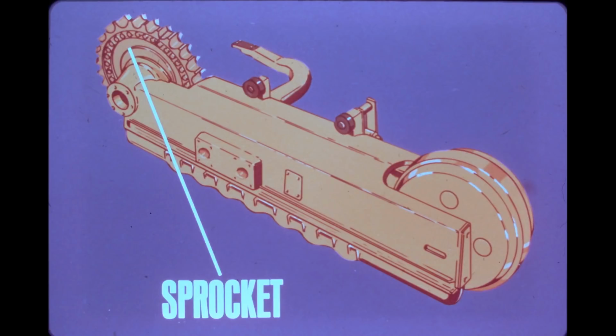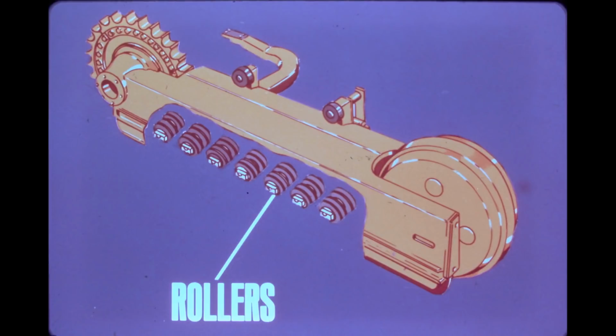The sprocket is attached to the tractor's final drive unit and provides the power to drive the machine. Bolted to the bottom of the track frame are a number of track rollers, which support the tractor and provide a running surface for the track chain.